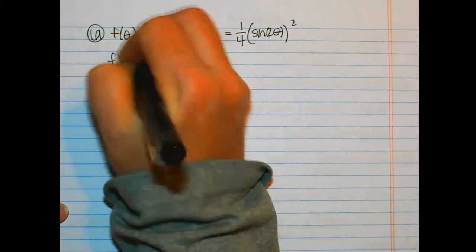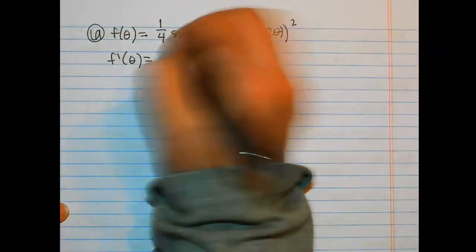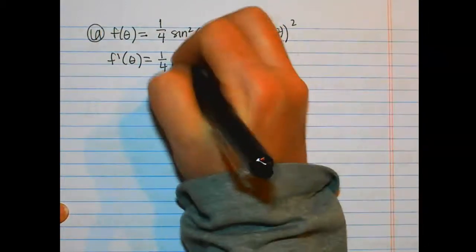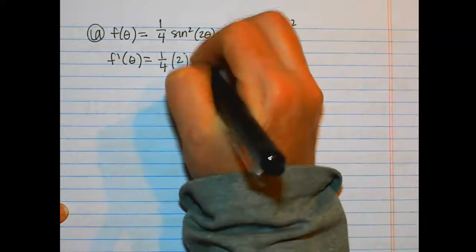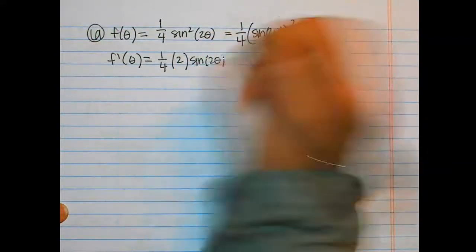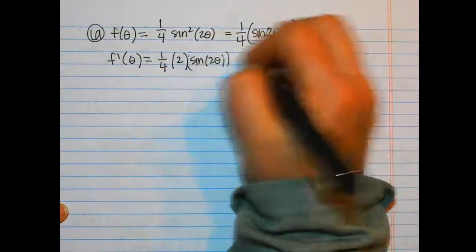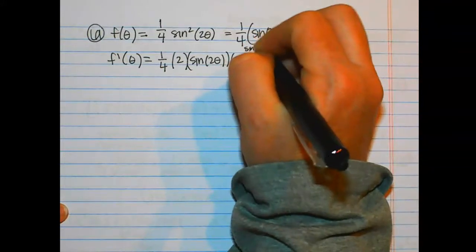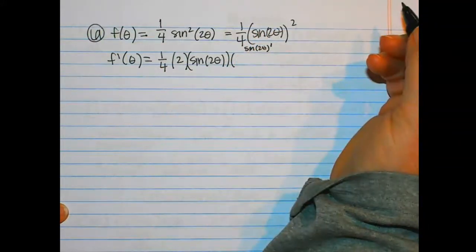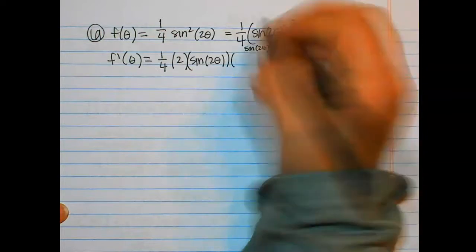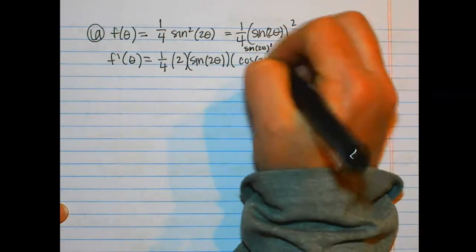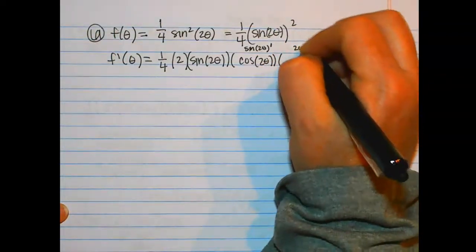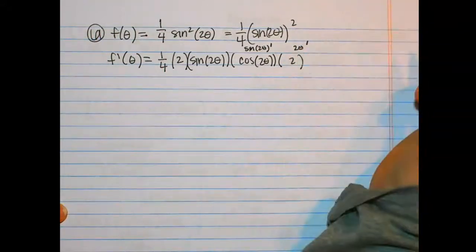F prime of theta equals, keep the 1/4, it's a stretch factor, and then take this derivative. So times 2, keep the baby, sine of 2 theta, times the derivative of sine of 2 theta. So this is going to be sine 2 theta prime. That derivative of sine is cosine, keep that baby, times the derivative of 2 theta, which is 2.